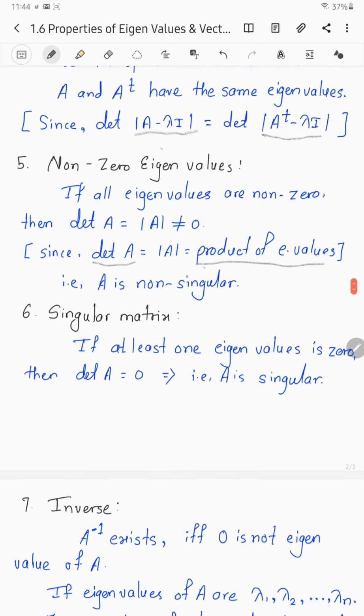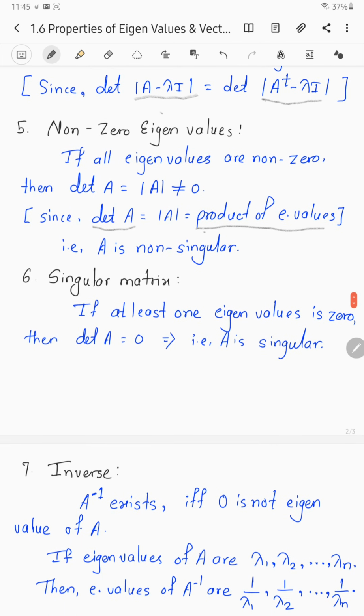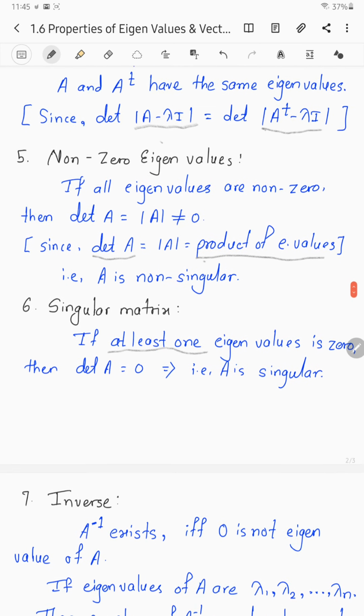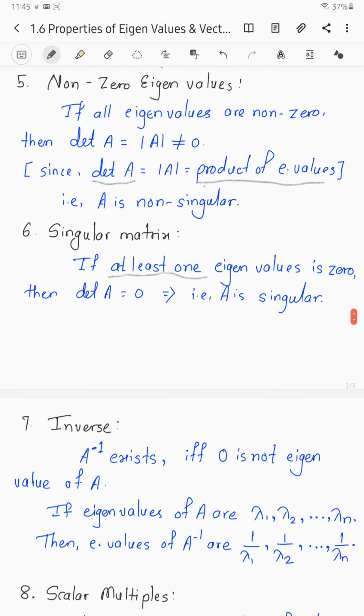Okay. But if among all these eigenvalues at least one eigenvalue is zero, then obviously the determinant is 0.